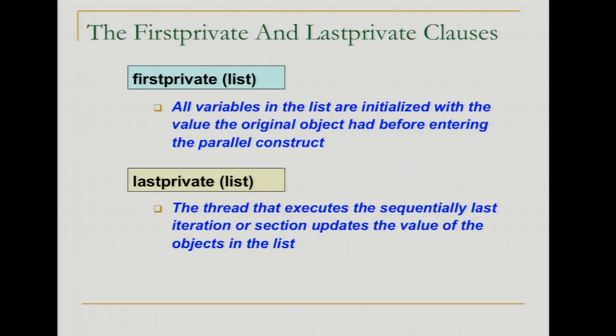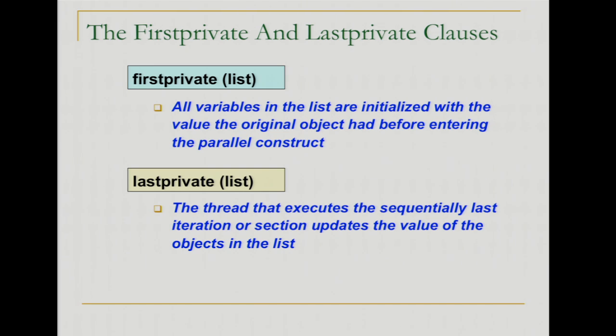So what if you did want to initialize something, and what if that IS equals 0 was intended to initialize all of those private copies? That's a pretty common thing to want to do, so it has to be allowed. To do that, we have something called Firstprivate.